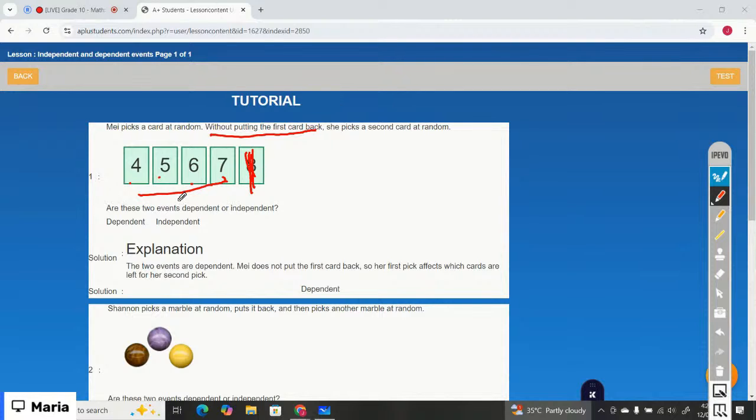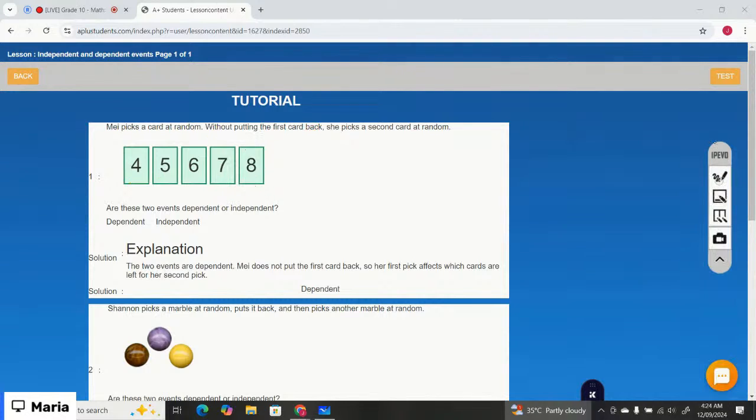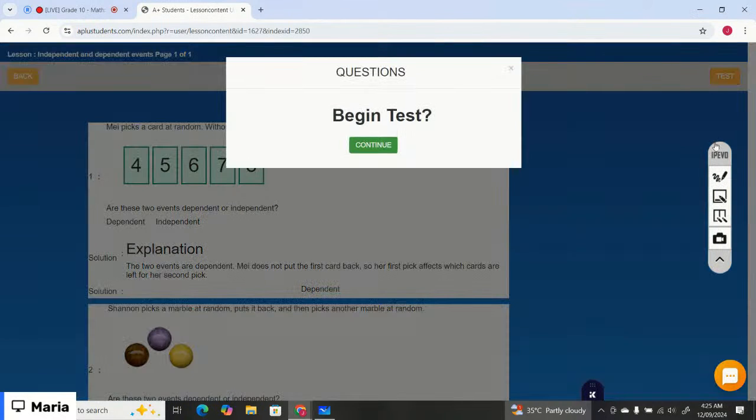But if the outcomes for the first event and the second event are different, then they are dependent events. So they are dependent events. For the first event, she has 5 cards. But for the second event, she has only 4 cards. So that is a dependent event. Got it? Let's just start with the test questions.